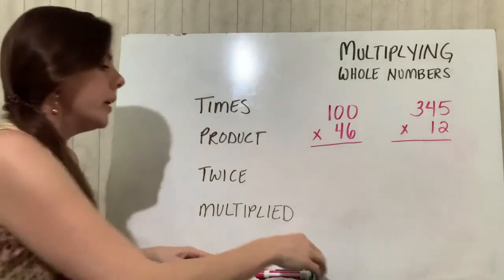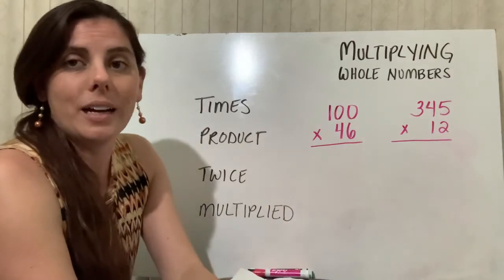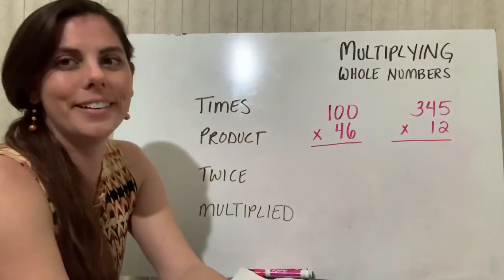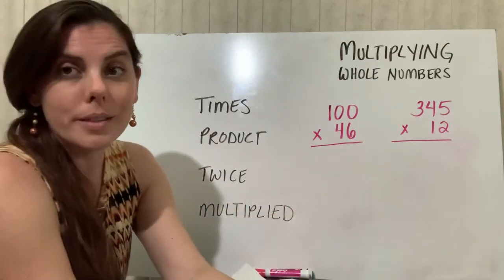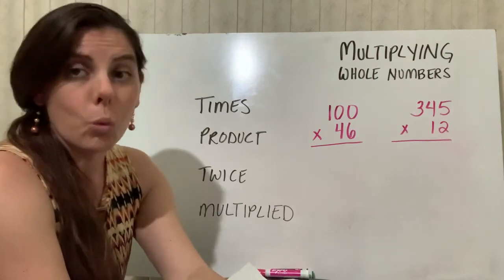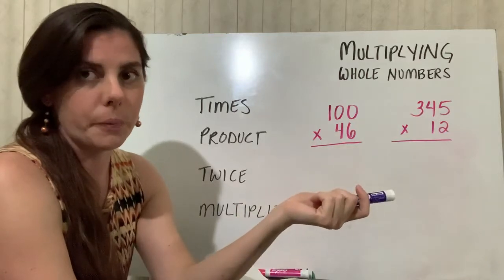All right, so something we want to remember with multiplication is that we don't actually have to have them lined up. I usually like to have them lined up just to make it organized. And in addition and subtraction, you want to do that, but it's not necessary to do it with multiplication, okay?